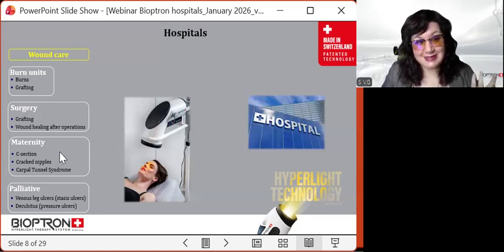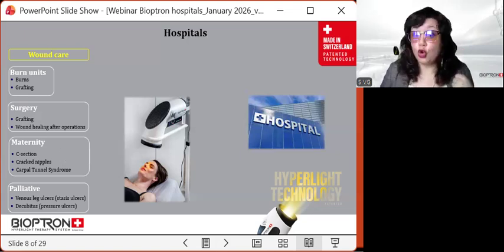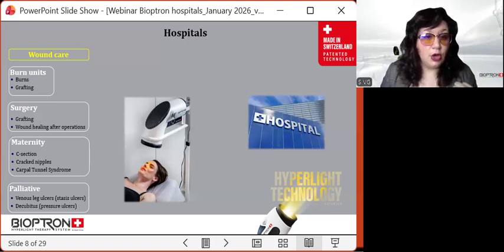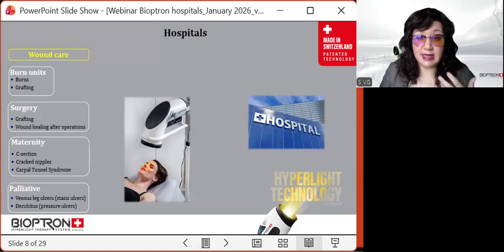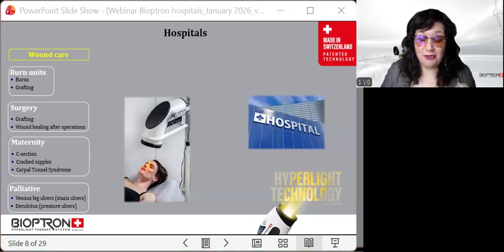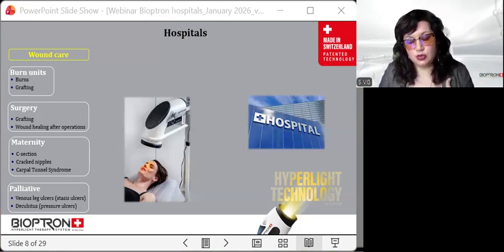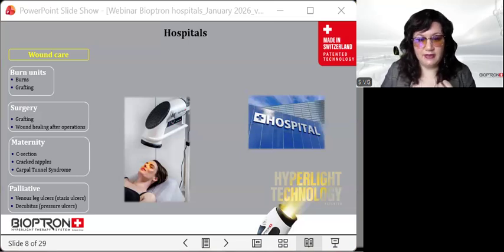Of course, in maternities also, to help the mothers after a C-section or an episiotomy, for cracked nipples if they decide to breastfeed. Also for carpal tunnel syndrome, which is a very common symptom of pregnant women. And also for palliative care, for chronic wounds or people who need a better quality of life.